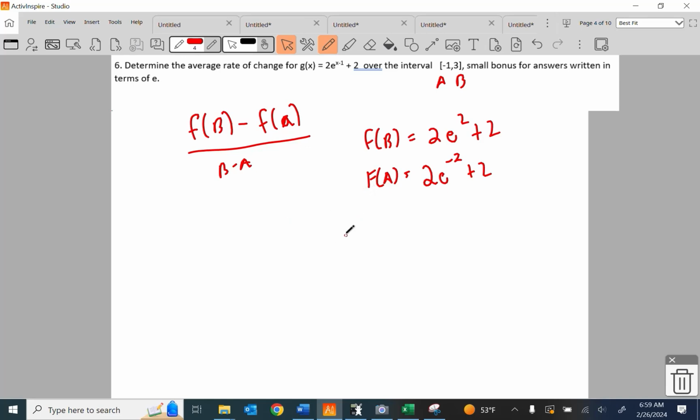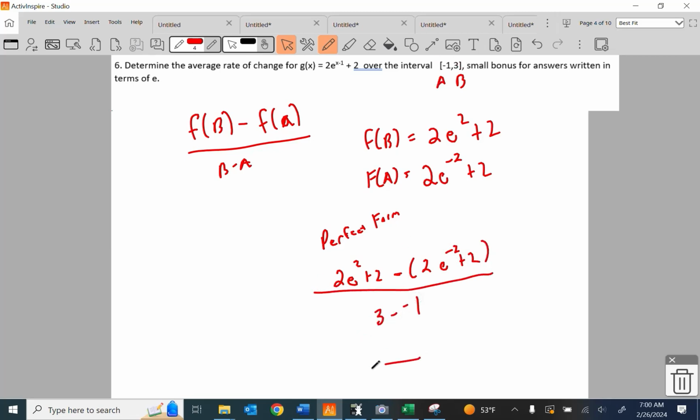Now, again, I'm doing the perfect form right now. The perfect form would be 2e squared plus 2 minus 2e to the negative second plus 2, sitting pretty over 3 minus a negative 1. So the bottom's going to be 4.